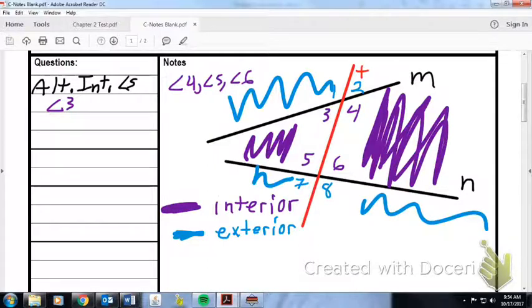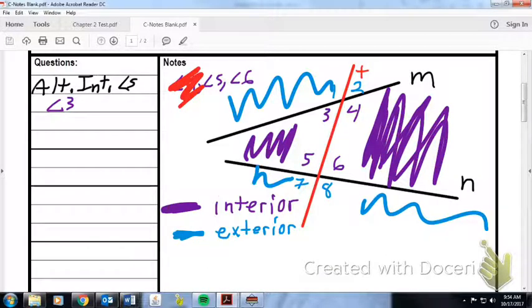So the first thing about the definition here is that it is non-adjacent. We know that it's an interior angle, so the alternate interior pair to number 3 has to be 4, 5, or 6, because those are the purple angles. It can't be 4, however, because 4 is adjacent.